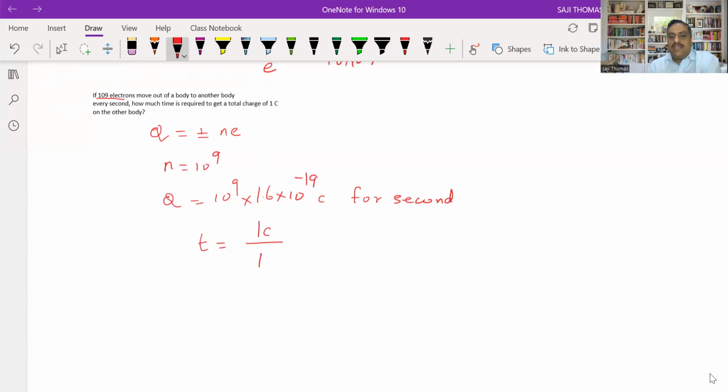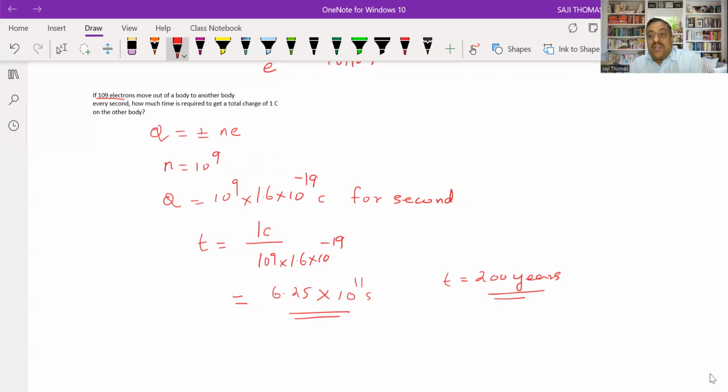This divided by 10 raised to 9 into 1.6 into 10 raised to minus 19. You have to calculate it. When you are calculating, what you will get? 6.25 into 10 to the power 11 seconds. If you convert it into years, you will get time as 200 years nearly.